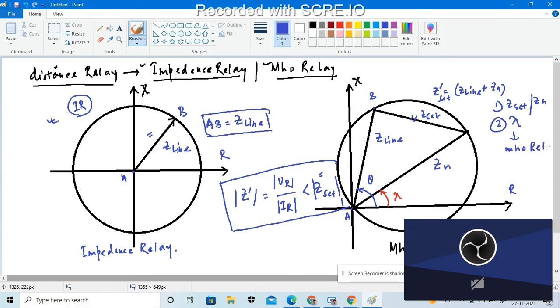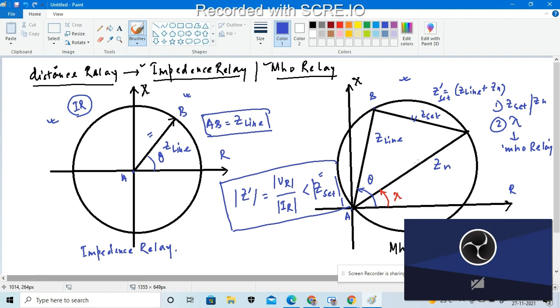Whenever we have to find the calculation, it should be easier with the Mho relay than with the impedance relay, because the impedance relay has only a single parameter value, which is theta. So the trip law for the Mho relay is given like this.